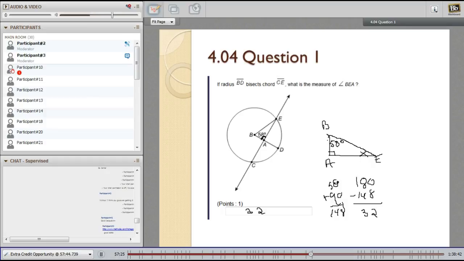Great job. So 32 degrees is the answer here, but you guys will just write in 32 or whatever your question's asking you. Don't write any words afterwards. Okay, great job.